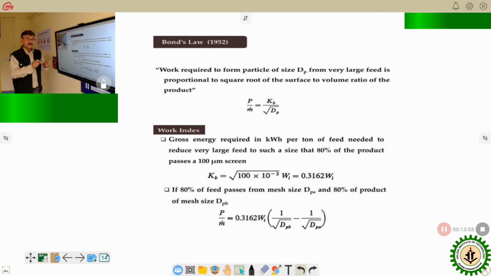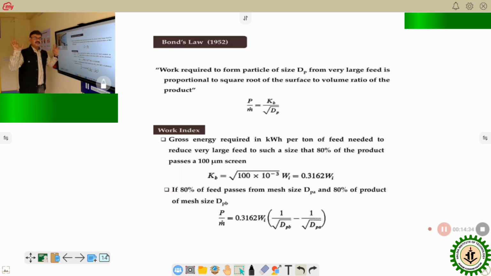Here one range has been established, meaning we are going to apply the formula for a particular size range of product, and for that case the value of the Bond constant Kb will be obtained from experimental data. So one correlation was established where the product size range was given, that 80% of the product will pass through the 100 micrometer screen.